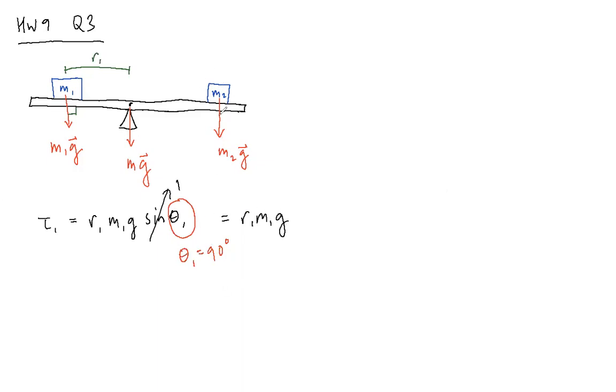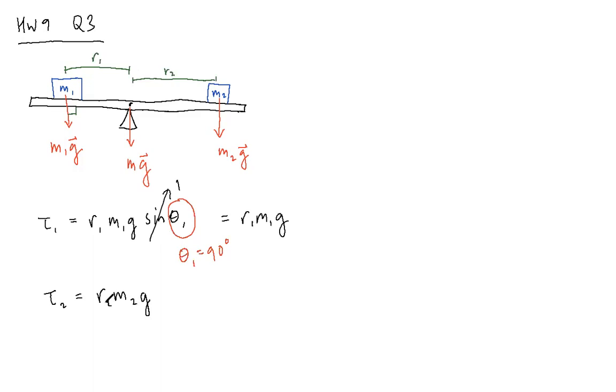Okay. Now let's consider this torque here. Here we have torque number 2. For this guy, we're going from here to here. So this is R2. And so this one looks like R2 m2g.